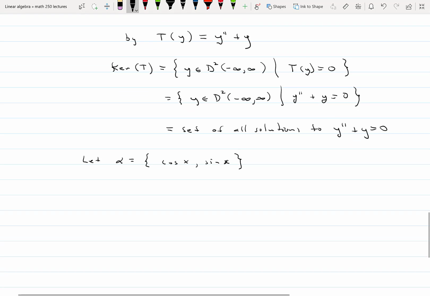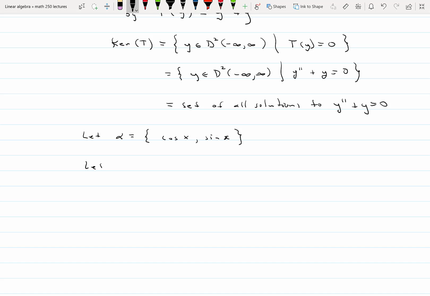Let's let a specific vector in this vector space be 4 cosine x plus 3 sine x. This is definitely a solution. Remember, all the solutions are c1 cosine x plus c2 sine x. So what is the coordinate vector of v relative to the basis alpha?